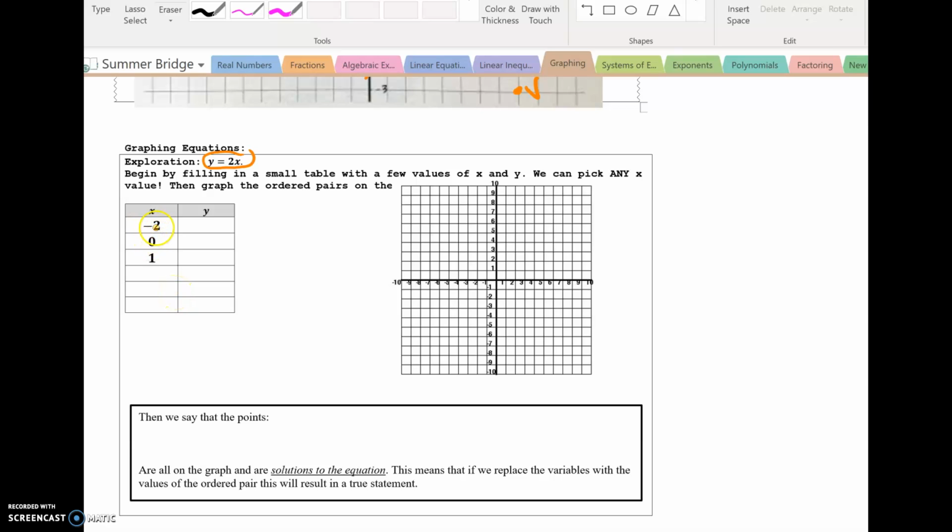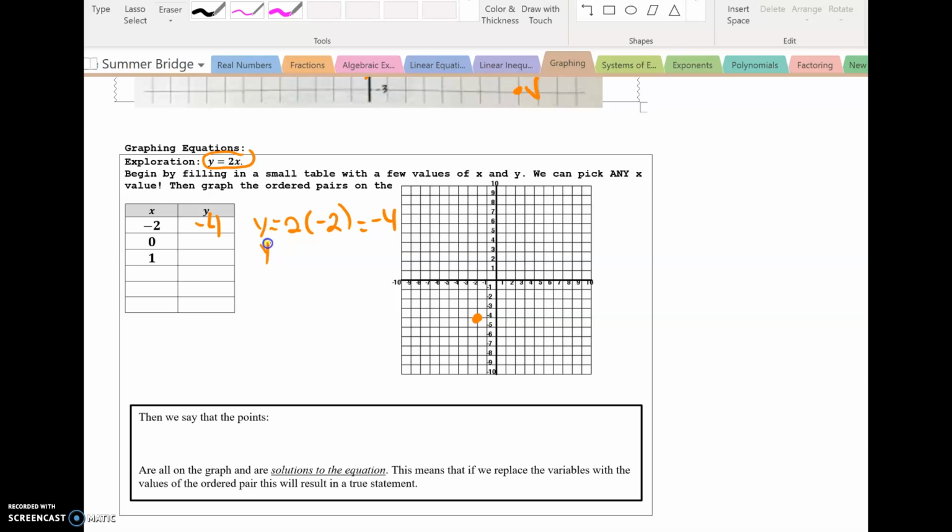Essentially what we're going to do is plug in the x value to get the y value. So we'd plug in 2 times -2, and that should give us -4. So that's going to be the coordinate -2, -4, and that would be the first ordered pair.